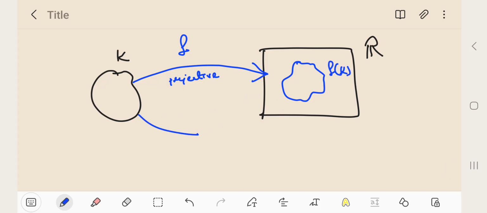So these two will be isomorphic, and the image of k is a subspace of the real vector space, and it will behave as the real vector space does.